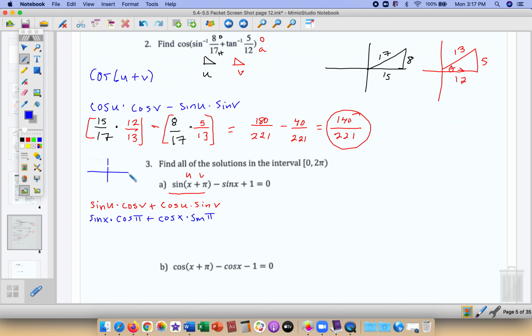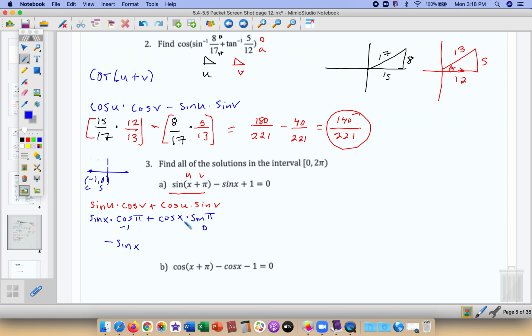Now let's see. At 180 right here, we have negative 1 comma 0. So at 180, the cosine is negative 1. So this is negative 1, right? So negative 1 times sine is negative sine x. Sine at pi is 0.